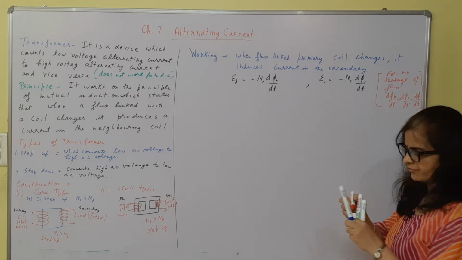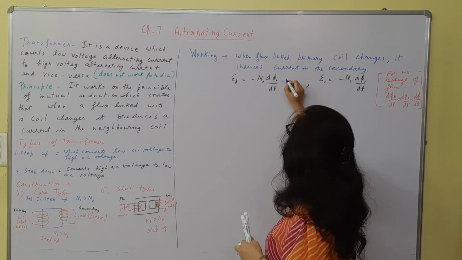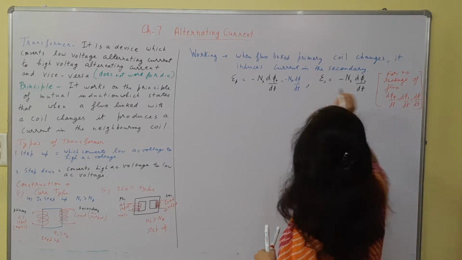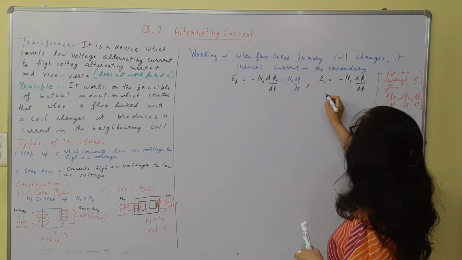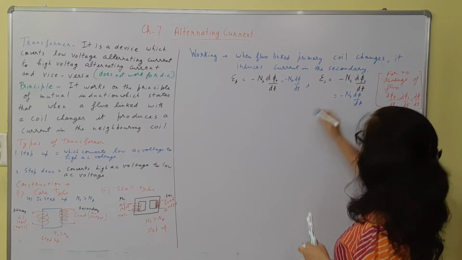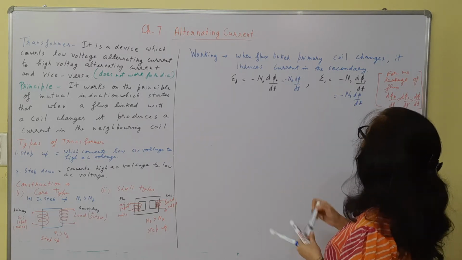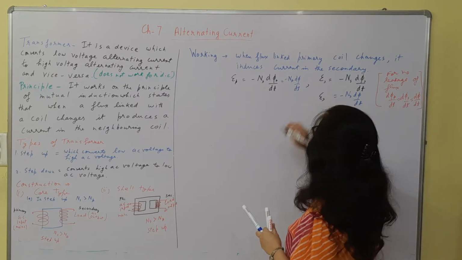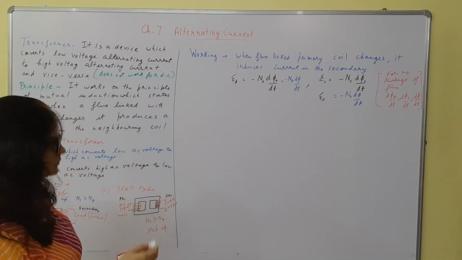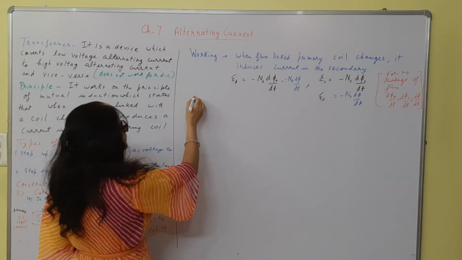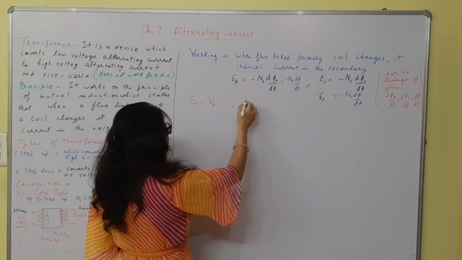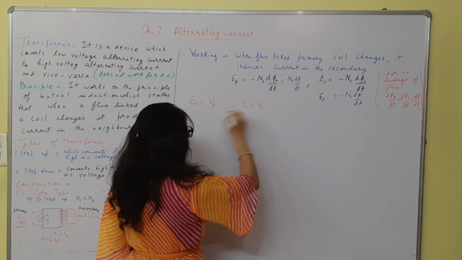So we will write it simply as EP equals minus Np d phi by dt, and ES equals minus Ns d phi by dt. EP will also be equal to voltage across primary, and ES will also be equal to voltage across secondary.